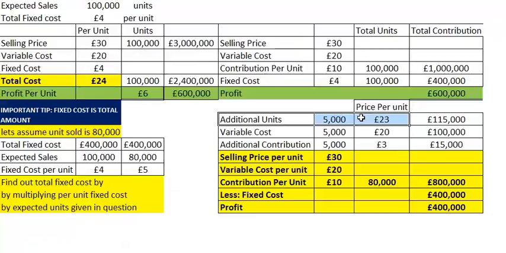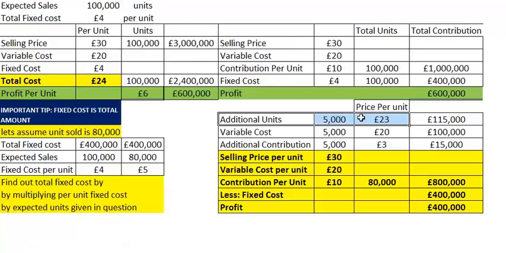You can reject this order because you can say our total cost is 24 pound, but we are selling it for 23 pound. We are making a loss. So you can reject this order. That is why full cost is not looked at when making decision in the short term. We look at contribution margin.